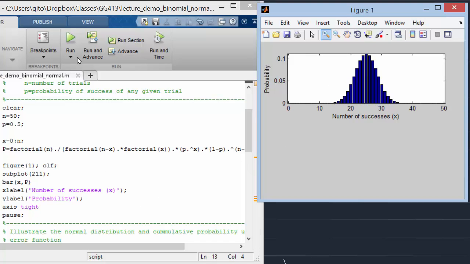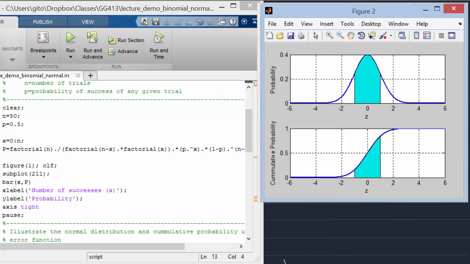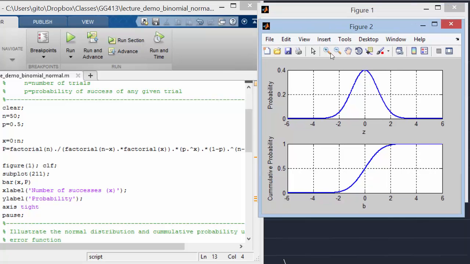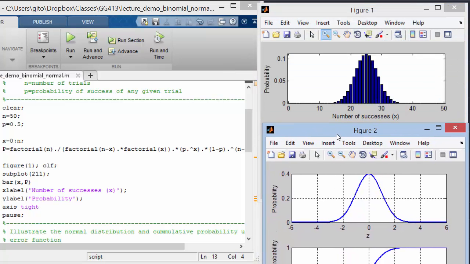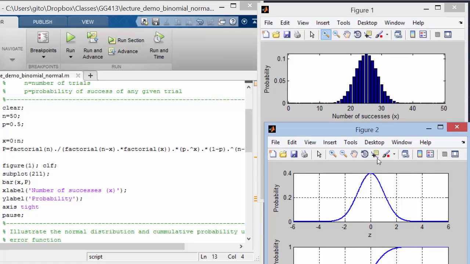And I just happen to have this set up so we can make a visual comparison between the two distributions. So you can see visually that the Gaussian distribution looks very similar to the binomial distribution. So the Gaussian distribution, which is continuous, is a reasonable approximation to this binomial discrete distribution for this special case.